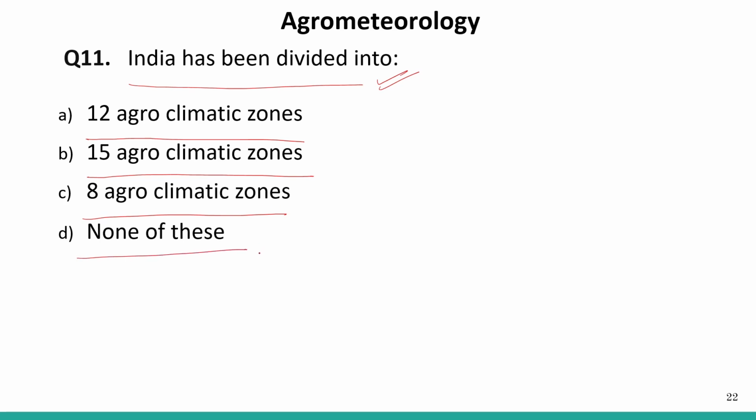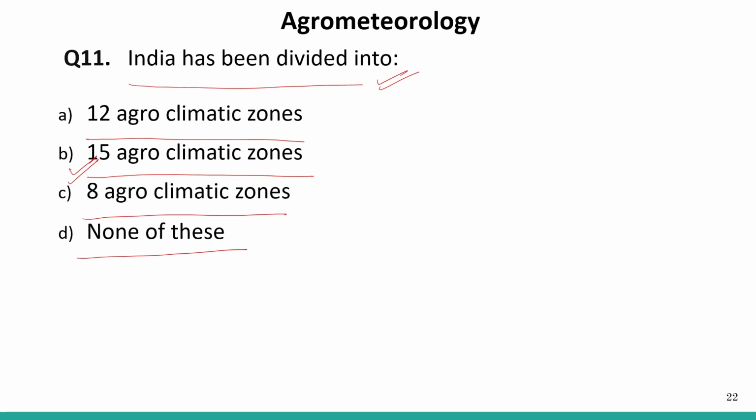So India has been divided into 15 agroclimatic zones, right? India can be divided into 15 climatic zones based on our agriculture. So that is called as agroclimatic zone, right?